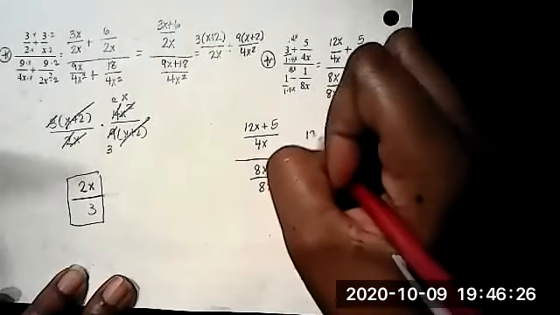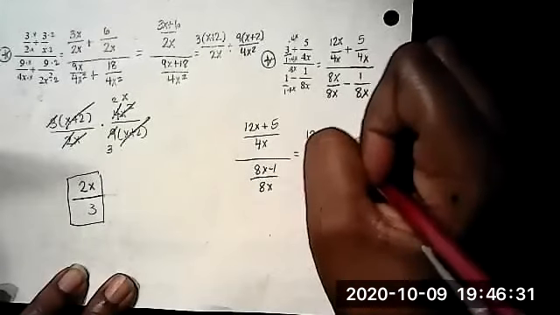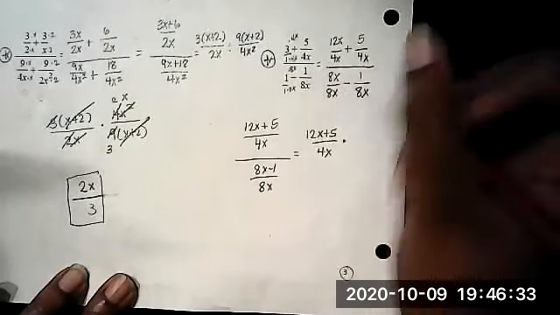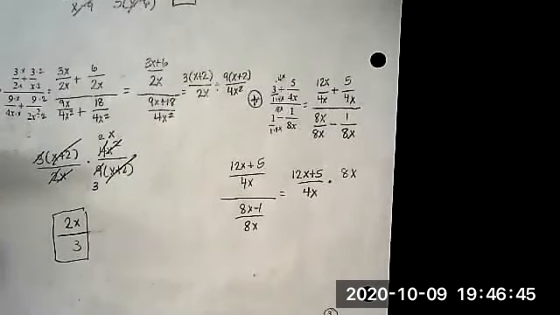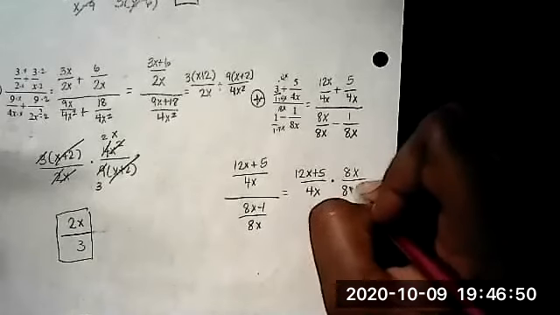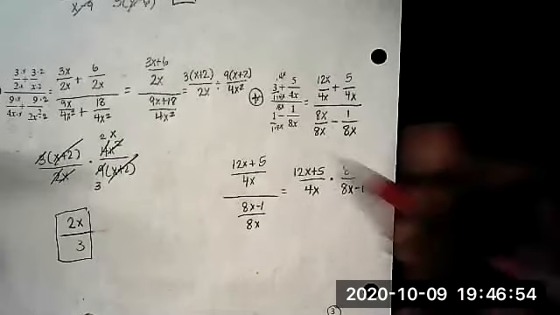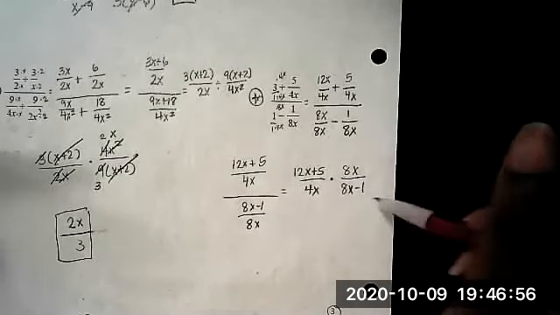We don't have to at this point. We've done it enough. 12x plus 5 over 4x times now the reciprocal of the bottom, 8x over 8x minus 1. Okay, so now is there anything we can simplify there?